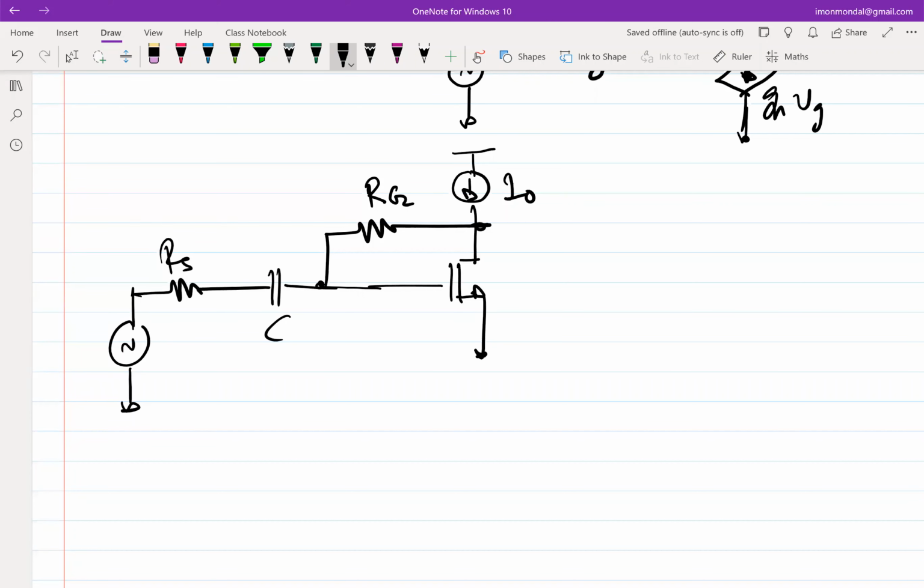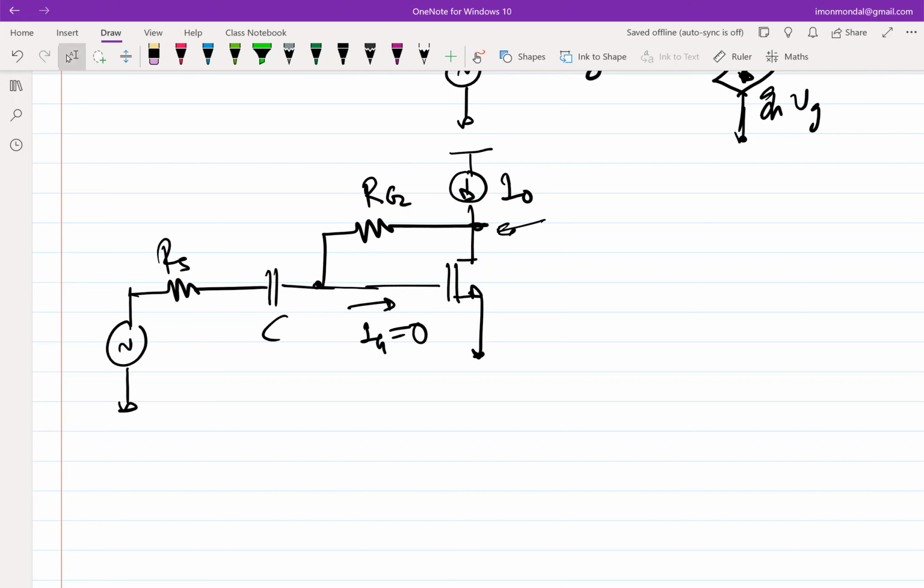But in this case, clearly this current is zero. Since this current is zero, you don't have any current through RG, which means there is no drop, which means the voltage at the drain and the quiescent voltage at the gate are identical, which means that we should be able to use this.